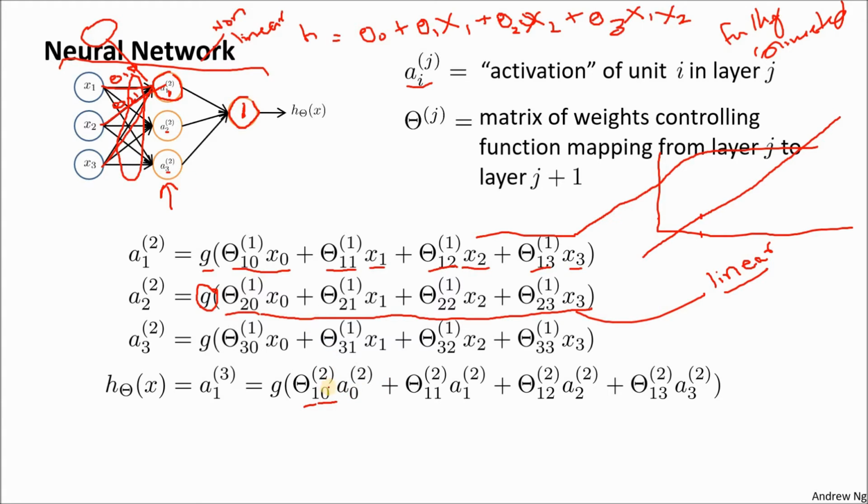Here the one you see shows the node of the current layer. In the last node, the output node, there is only one element, one node. So there will be only one over here. So theta 1 0 into a0, theta 1 1 into a1, then a2, and then a3. It will be combined together and it will give me our hypothesis function.